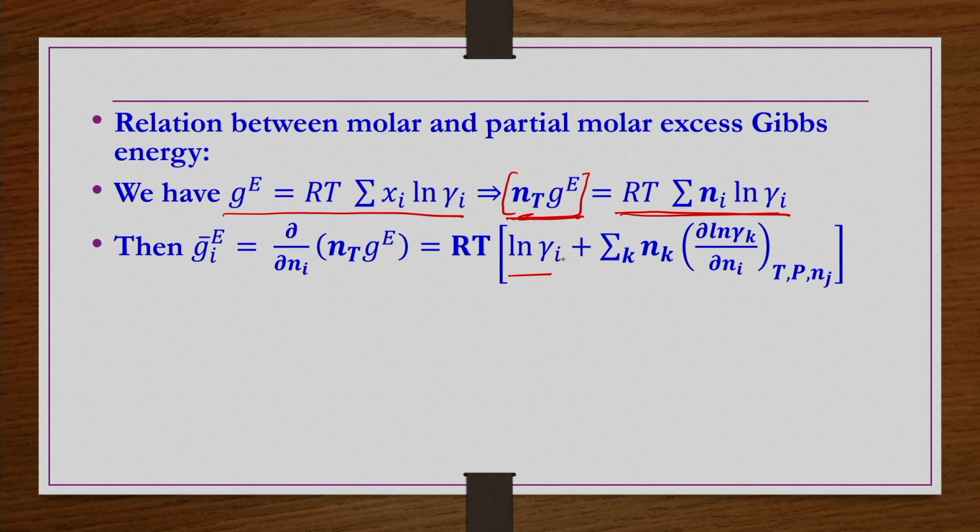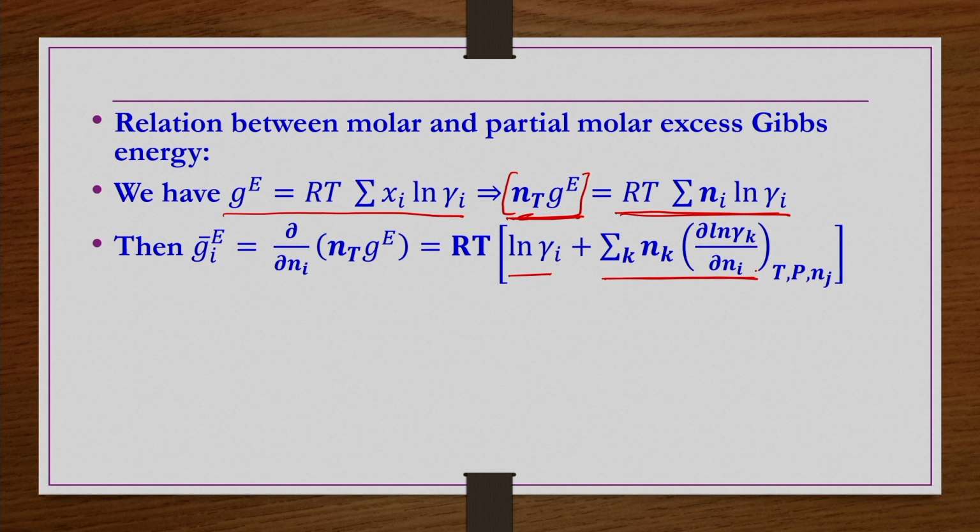So, ln gamma_i plus, here n_i is constant, and then dou ln gamma_i by dou n_i you are having. Such kinds of terms you will be having for n number of components, depending on the number of components.